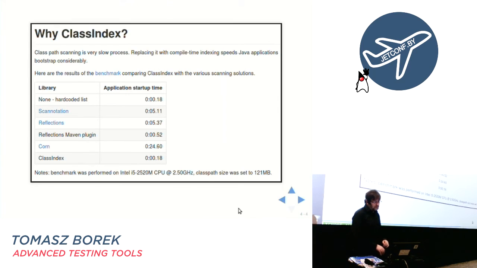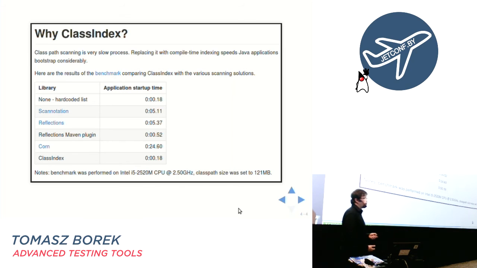So, you may see that the time for just a hard-coded list of classes is actually the same as for ClassIndex for the application startup. And this is fairly important because if you're using system tests, then probably once your test is up and running, in the setup method or in the before class or whatever, you're trying to access your class path and scan it, which takes quite some time.